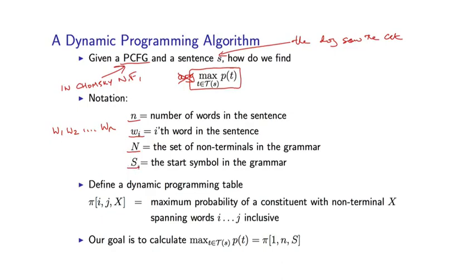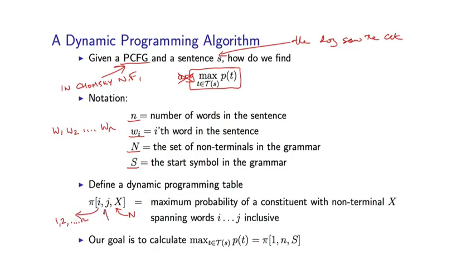Okay, so we're again going to make use of dynamic programming, and I'll again use pi to refer to a dynamic programming table. And pi is going to have three indices. So x is a non-terminal. i is going to be a first index in the range 1 up to n.